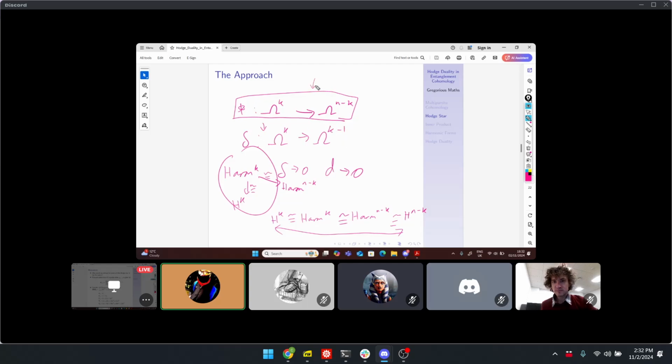So we'll just do this step by step. We have to define a Hodge star. Then we have to come up with what this co-differential is. Then the definition of harmonic forms becomes quite clear. But then we also have to show that these harmonic forms are telling us everything about the cohomology groups.